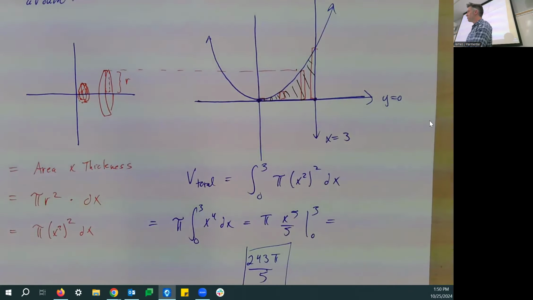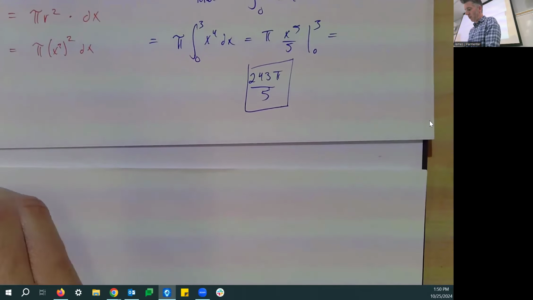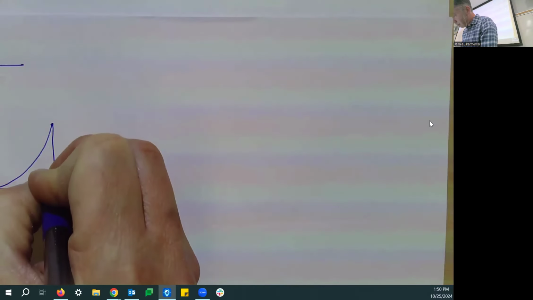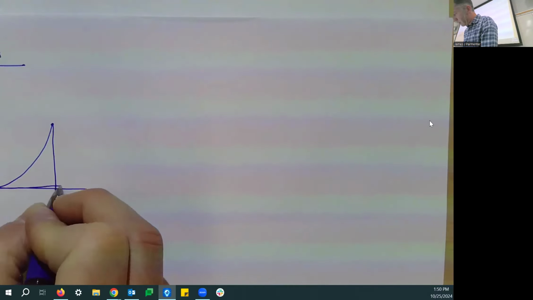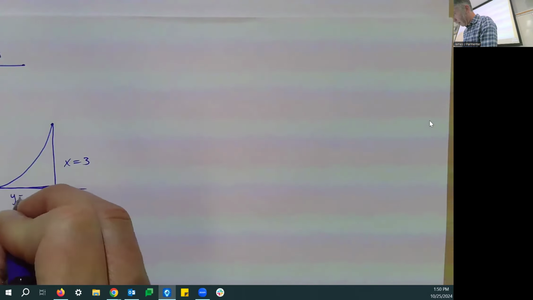Okay. What if we went around the y-axis? Dun, dun, dun. We draw it again. Same region. This is still the line x equals 3. This is still the line y equals 0. This is still the curve y equals x squared.